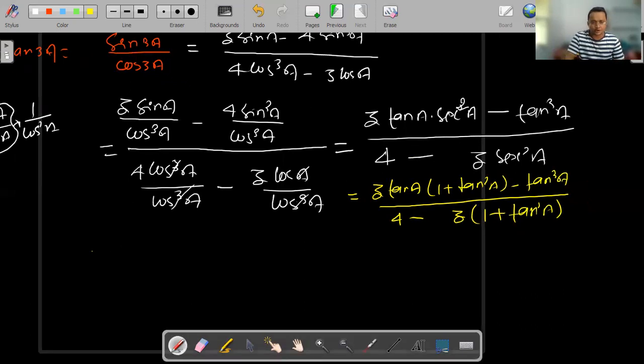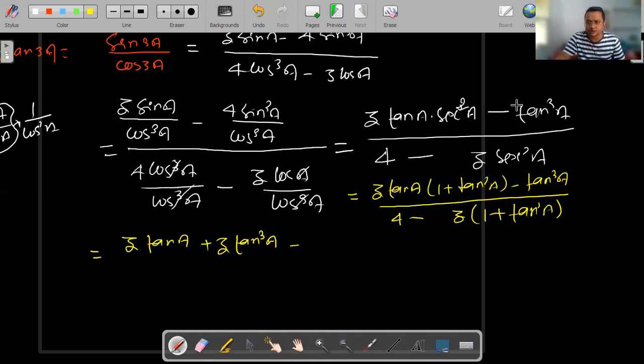So see here, I am writing here 3 tan A. Just multiply. So what we are getting? 3 tan A. Okay. Then after you will get 3 tan cube A. Then after minus, this is what? This is tan cube A. Right?